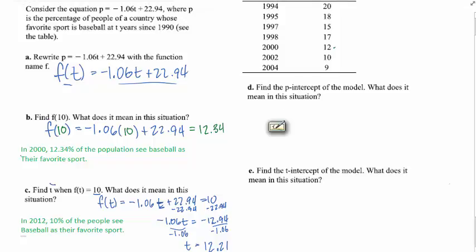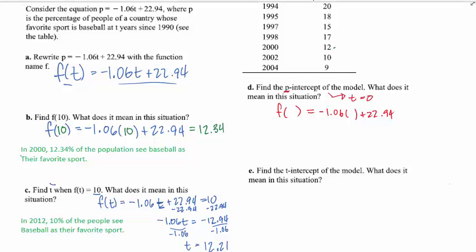So when we're taking a look at p-intercepts, the p-intercept means that the other variable, and in this case the other variable is t, is equal to 0. So how would we fit that into our function notation? So let's take our f of t is equal to negative 1.06 t plus 22.94, and wherever we see a t, let us replace that with 0.